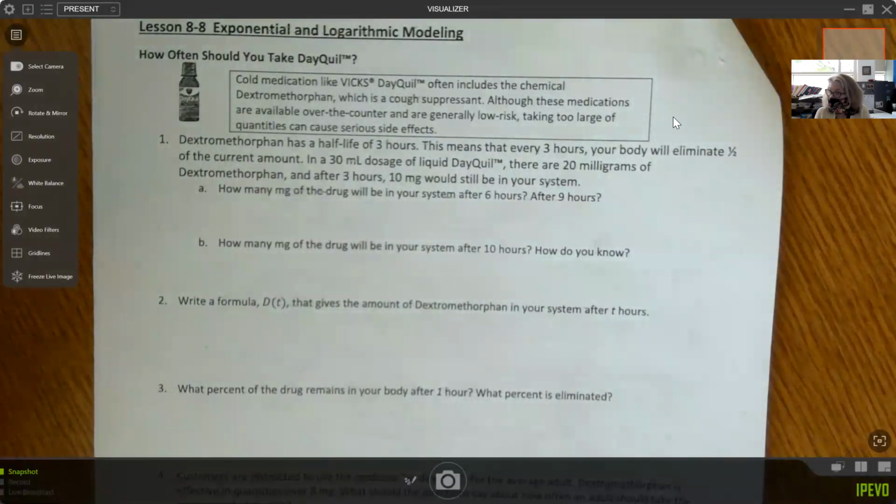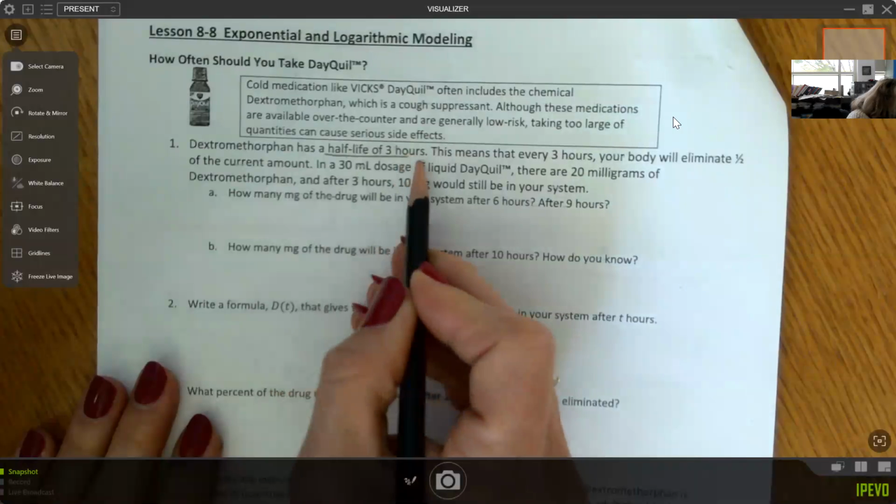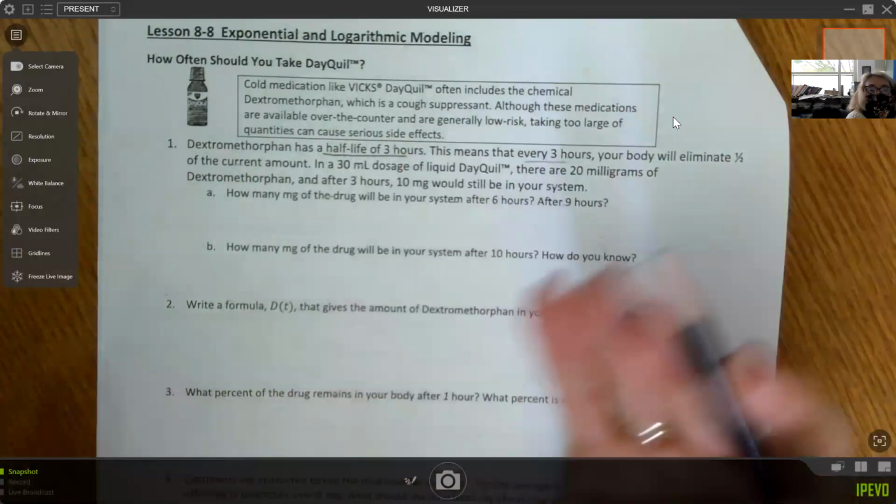And if you know the half-life, then you can calculate how much is going to be left of this material for any other point in time. Okay. So in this story, they told me it had a half-life of 3 hours. So that means every 3 hours, your body's going to eliminate half of it.